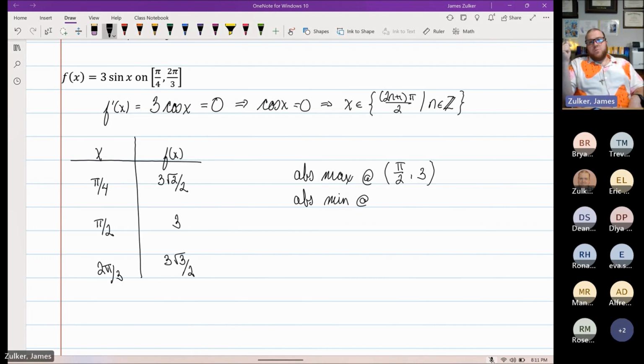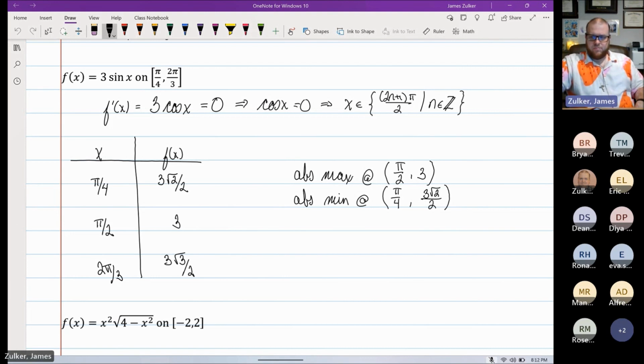Well, that's going to boil down to what's smaller, root 2 or root 3? Okay.